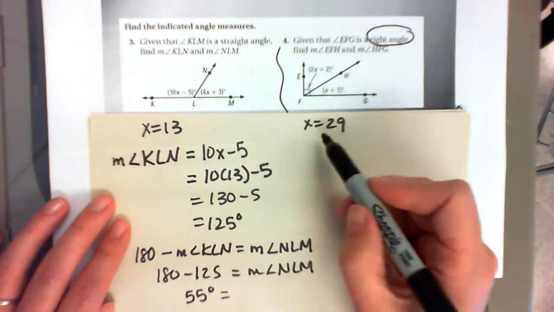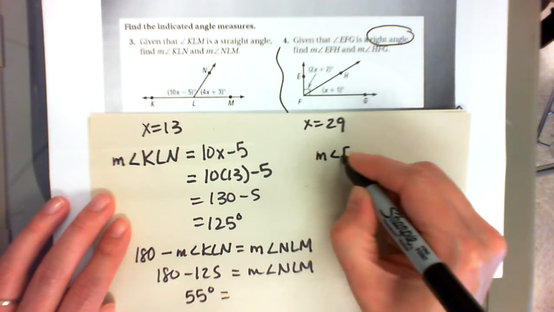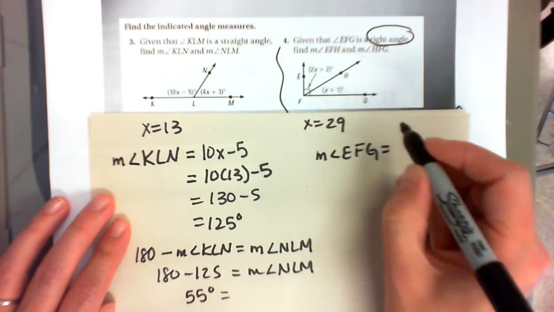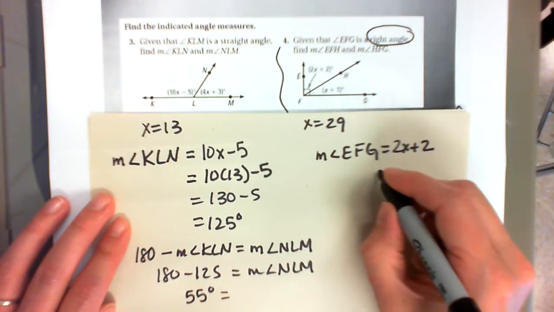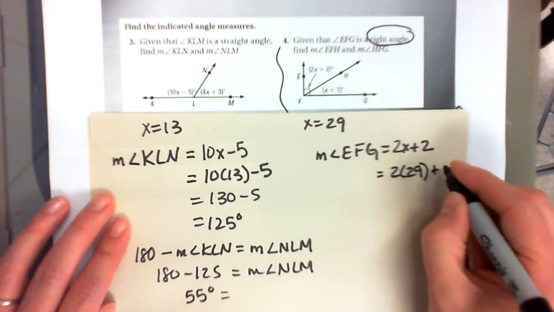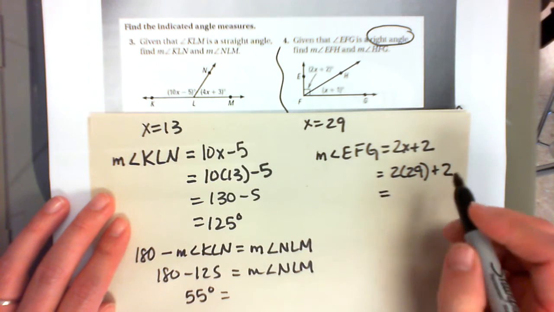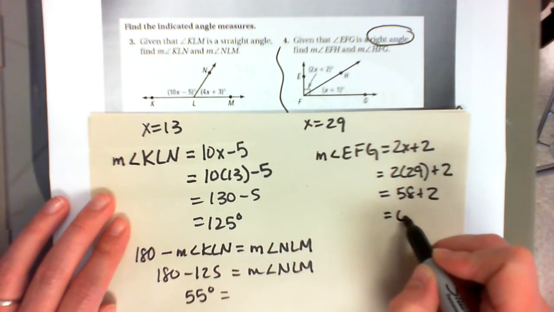55 degrees is the measure of angle NLM. Similarly, for number 4, we know x equals 29. I'm going to substitute in. So the measure of angle EFH is represented by 2x plus 2. And I know x is 29, so 2 times 29 plus 2. So that is 58 plus 2, 60 degrees.